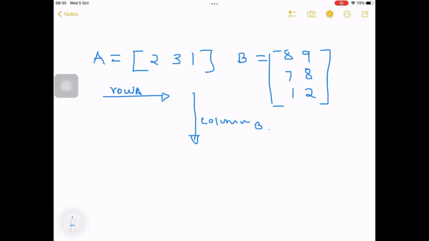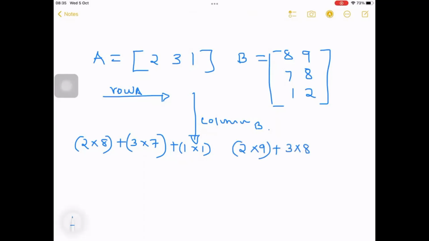So let's start. We have 2 multiplied by 8 plus 3 multiplied by 7 plus 1 multiplied by 1. That is the first entry. Then the second entry will be 2 multiplied by 9 plus 3 multiplied by 8 plus 1 multiplied by 2. And we are done.